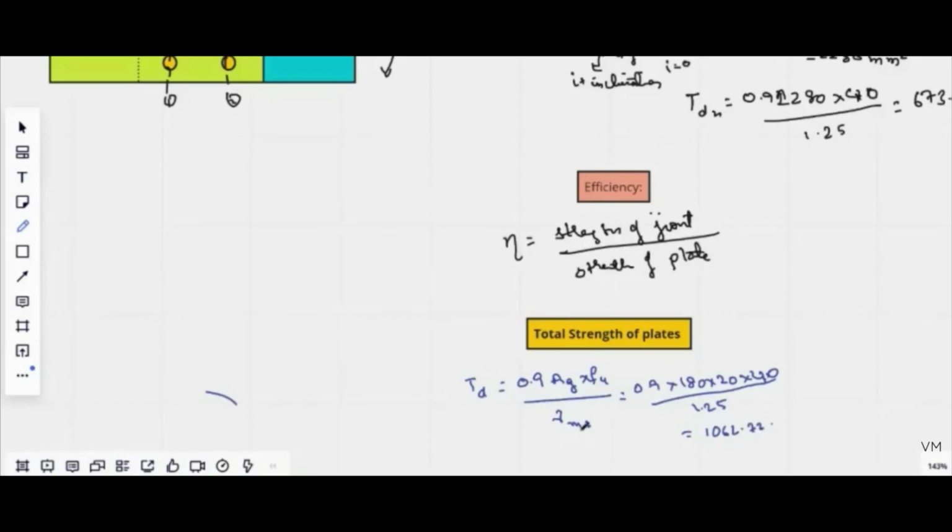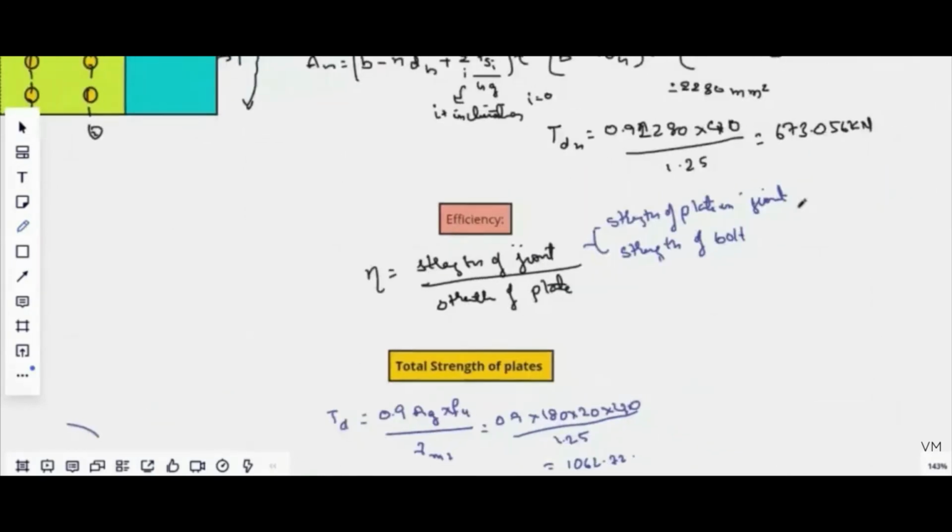So now what is the strength of joint? Here we need to consider the strength of plate and the strength of bolt. The strength of plate in joint, what we got is 673.056 kilonewtons.